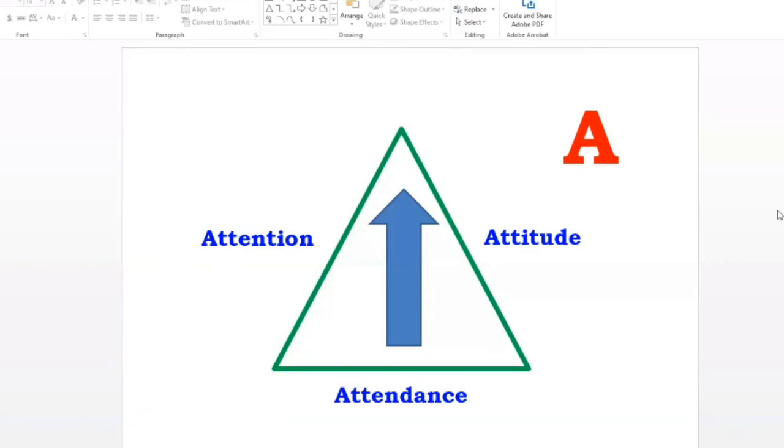Then only can you excel. If you take out any of these three sides, nothing will happen. Imagine if you are not having the attitude of learning but you are attending the session, nothing can happen. If you are not attending, nothing can happen.